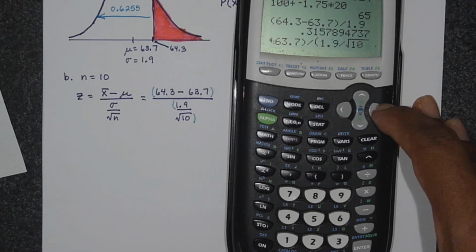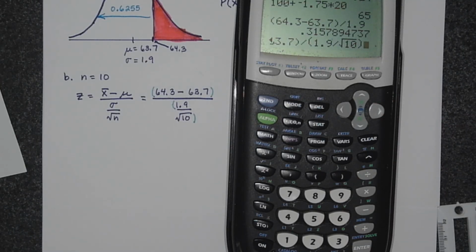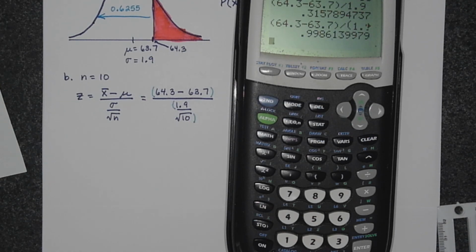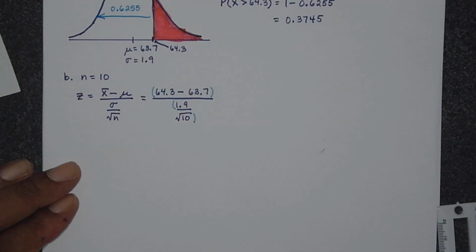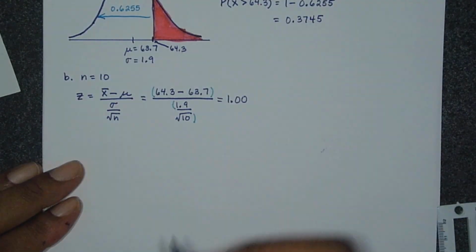Use your right arrow key to get out of the square root, close your parentheses, and hit enter. Now, to two decimal places, that's going to be 1, and I will write this as 1.00.